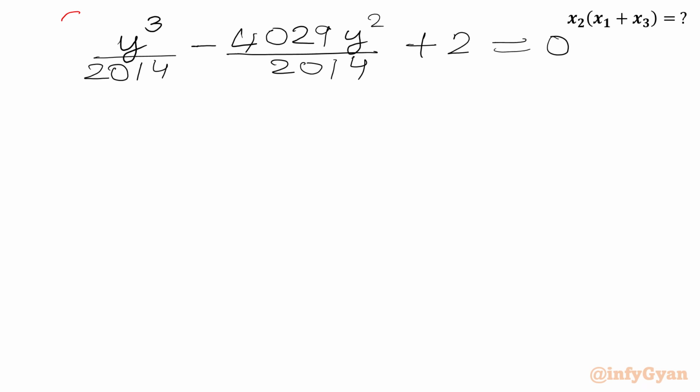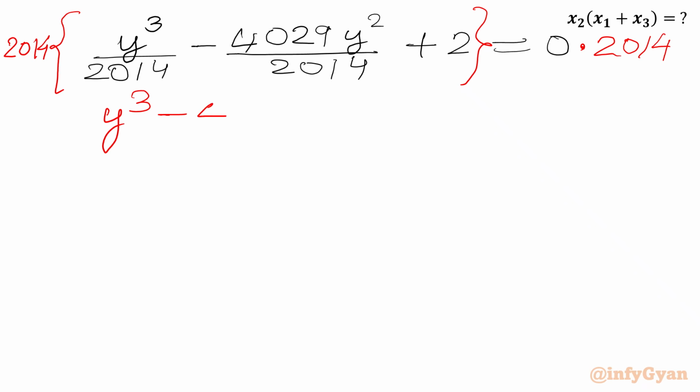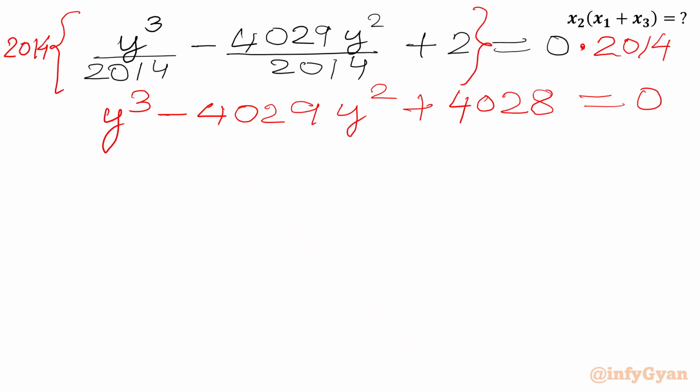So to remove 2014 from the denominator, we are going to multiply by 2014 on both sides. So we will get our cubic equation y cube minus 4029 y square plus 2 times 2014, which is 4028, equal to 0. So this is our easier cubic equation.